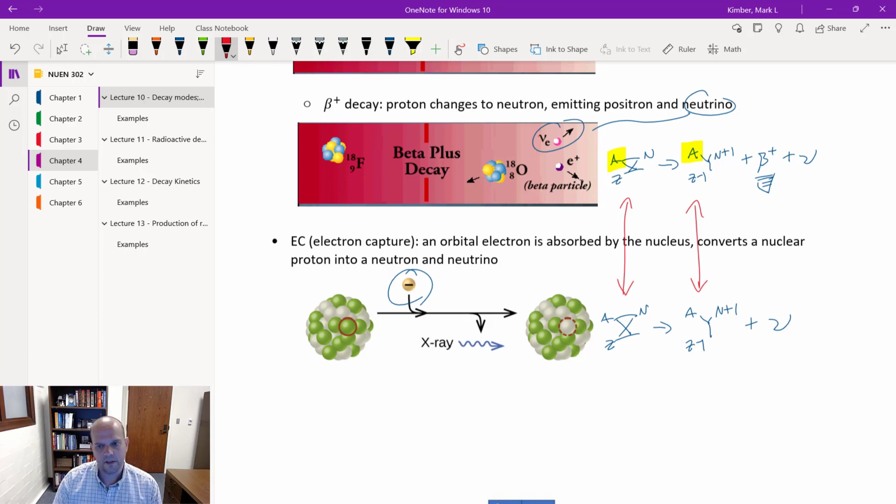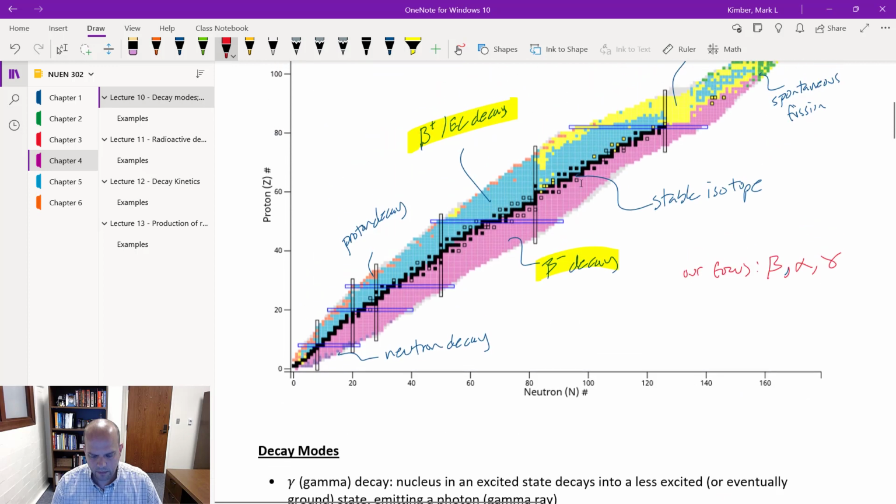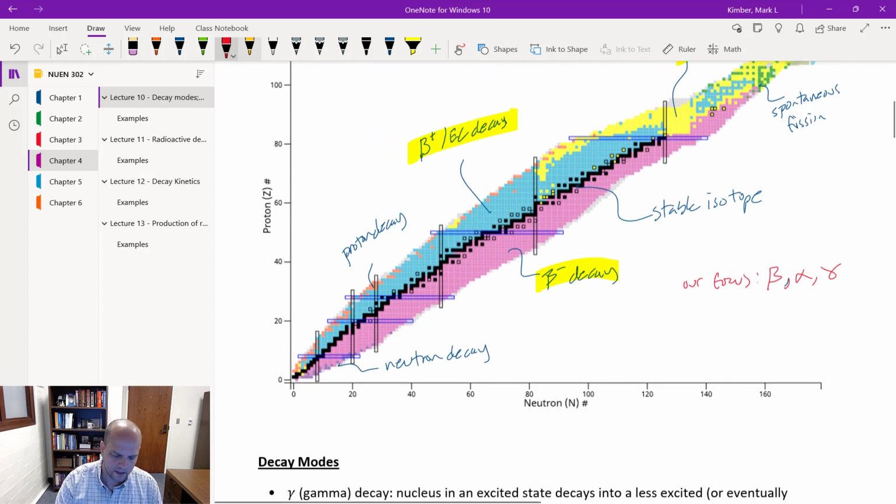And you can see in the chart of nuclides, if I'm beta plus or I'm beta minus, then I'm going towards the region of stability. That's my beta minus, and my beta plus is also going to start out here and go towards the region where I have stable isotopes.